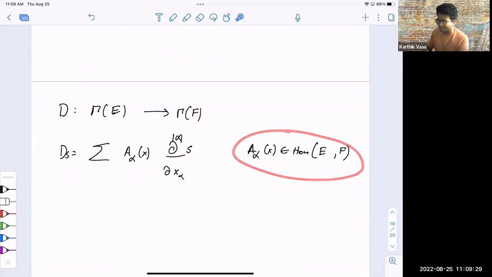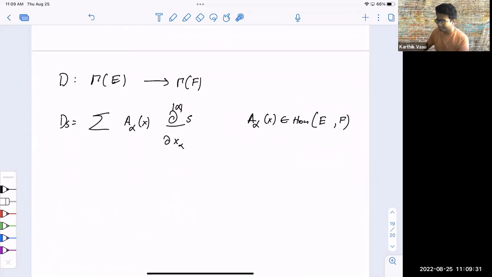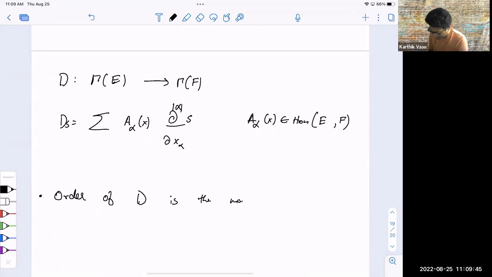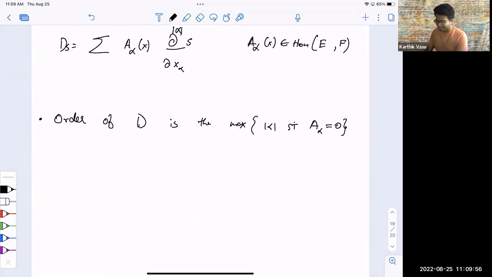Not very important, you can just ignore it for now. And the order of D is the max of mod alpha such that A alpha is non-zero. So that is basically the maximum number of differentiations you're doing in D.